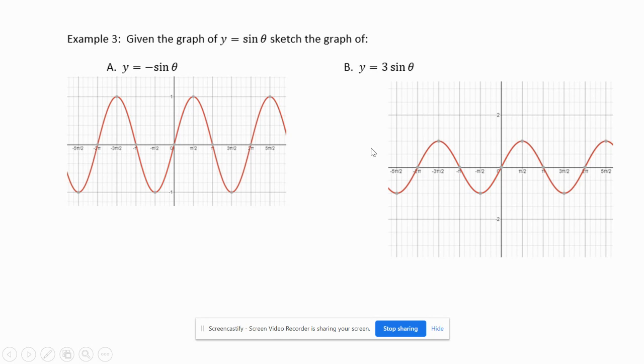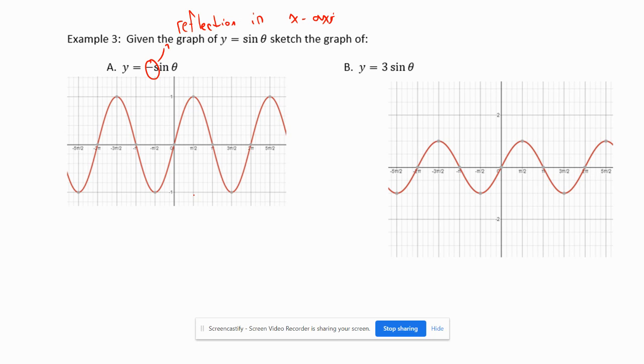Okay, so for example 3, we're just going to be applying transformation rules that we've learned earlier on in our transformations unit, specifically to trig functions. For the first one, we have the graph of y equals sine theta given over here, and we have the graph y equals negative sine theta. So what this is going to give us is a reflection in the x-axis.